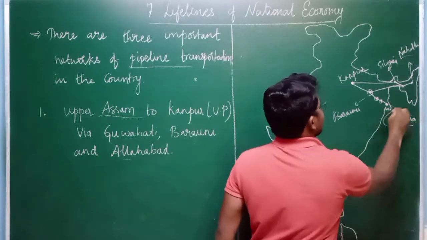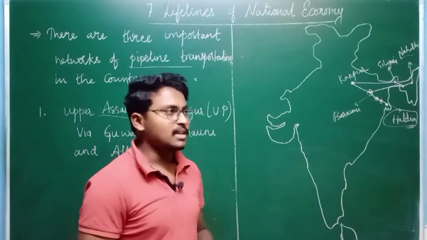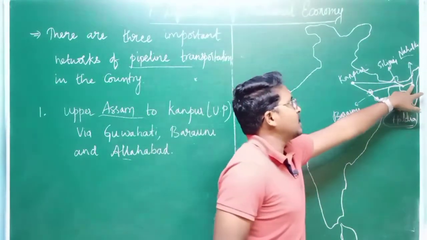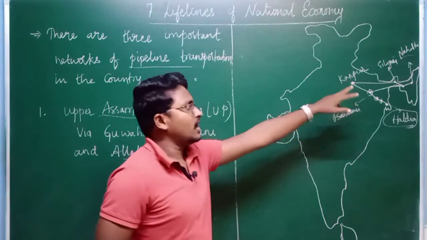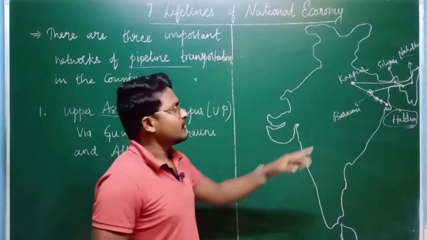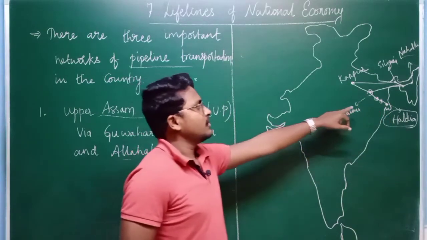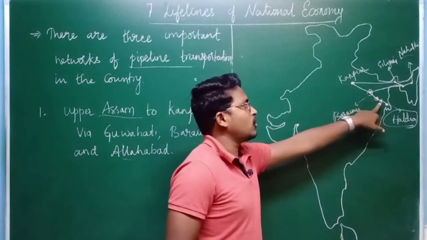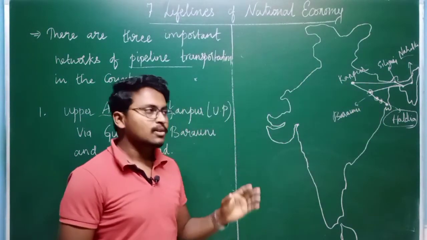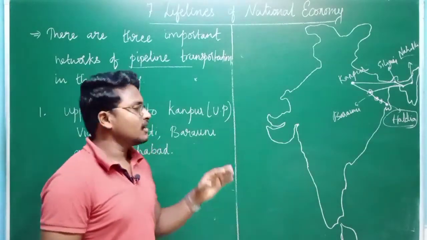These are the different places connected through this pipeline, but the main pipeline starts from upper Assam to Kanpur via Guwahati, Siliguri as well as Barauni. From Barauni onwards it has branches to Haldia port, where in between you can find Rajband and Maurgram in West Bengal.